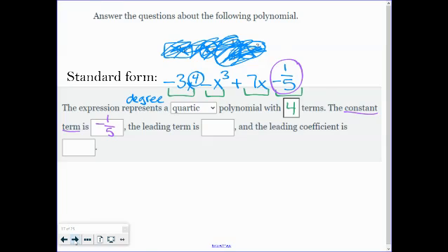The leading term, remember, is the whole first term at the beginning. So it's the whole thing, negative 3x to the 4th. And then the leading coefficient is just the number. So negative 3. Okay, we can take what we have here and just get rid of that variable, and that is what our leading coefficient is.